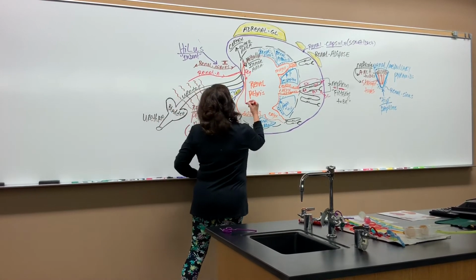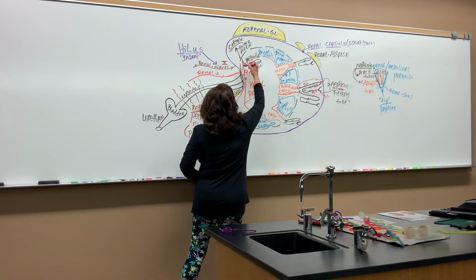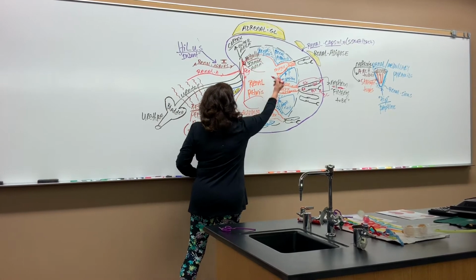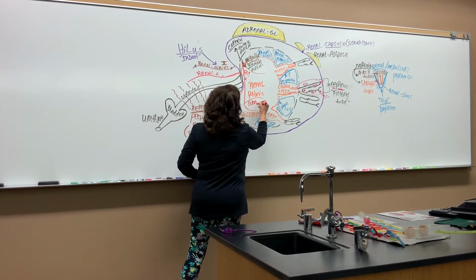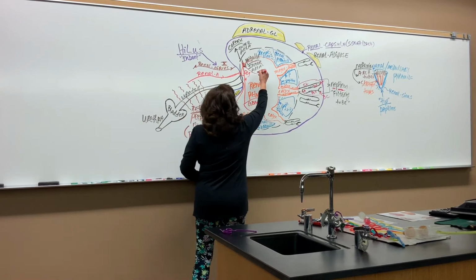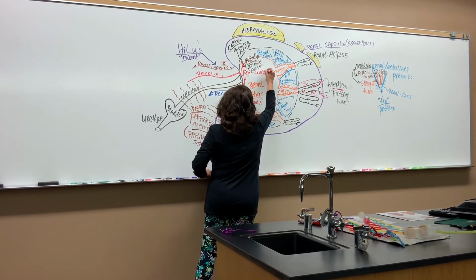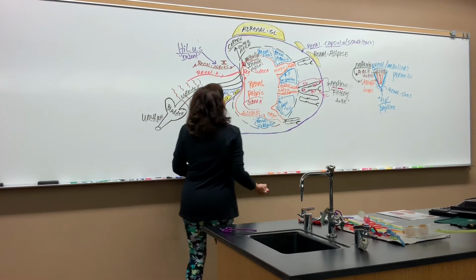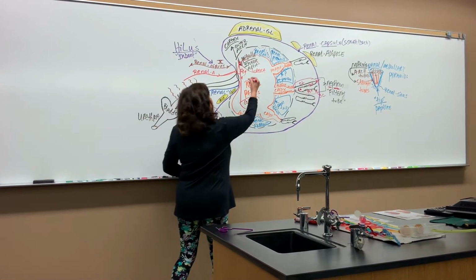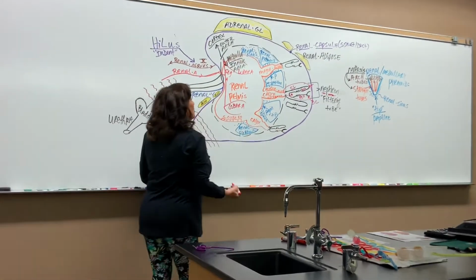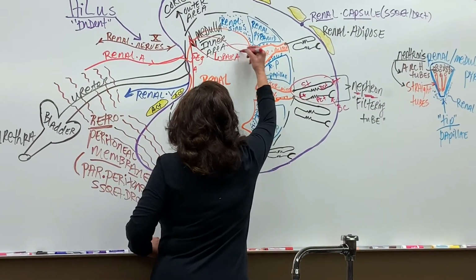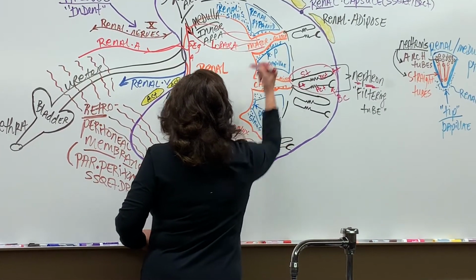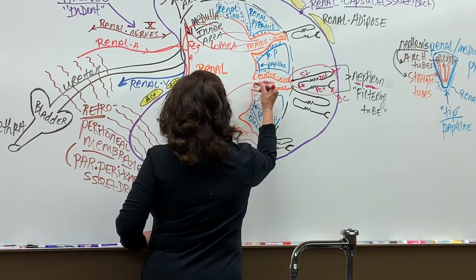And then it's going to make the lobster claws right here. And so these are going to be the lobar arteries. And then the lobar arteries, they are going to split, remember? And so they're going to make some little ones like this that tend to go up the calyx.